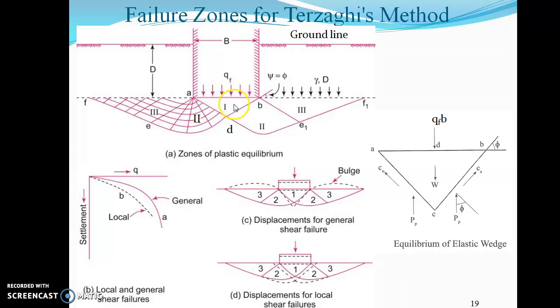So there is going to be enough of adhesion or friction, a connection between the foundation and the soil. So for it to move downwards, it is necessary that the foundation also has to move. So this is not going to be in plastic equilibrium. But the rest of the 4 zones, these 2, 3 and 2 Roman 2 zones, these are going to be in plastic equilibrium. Okay, if you have any questions on this, please post them.